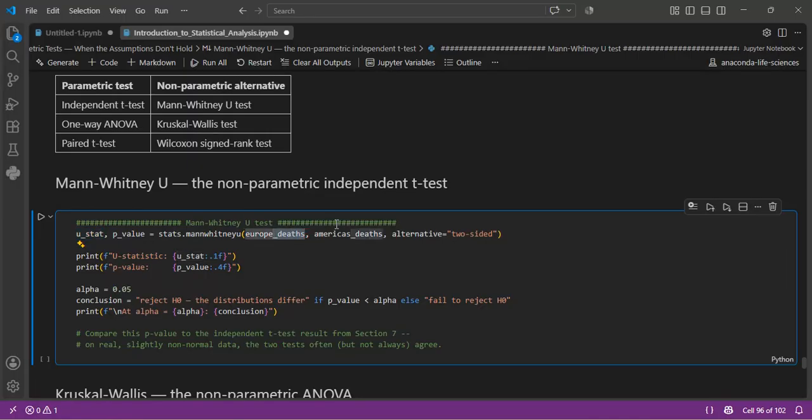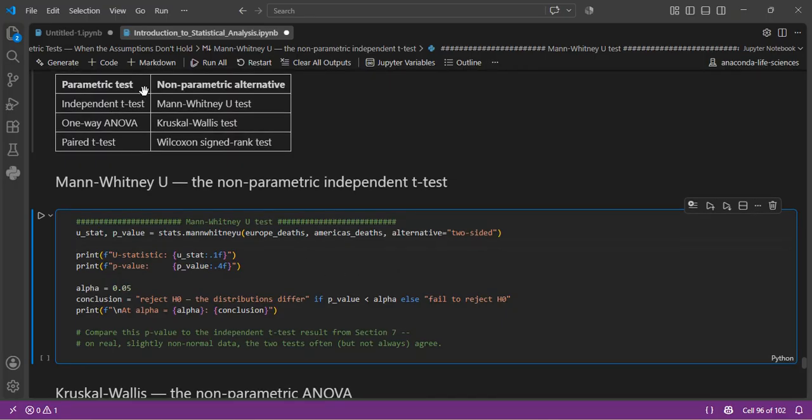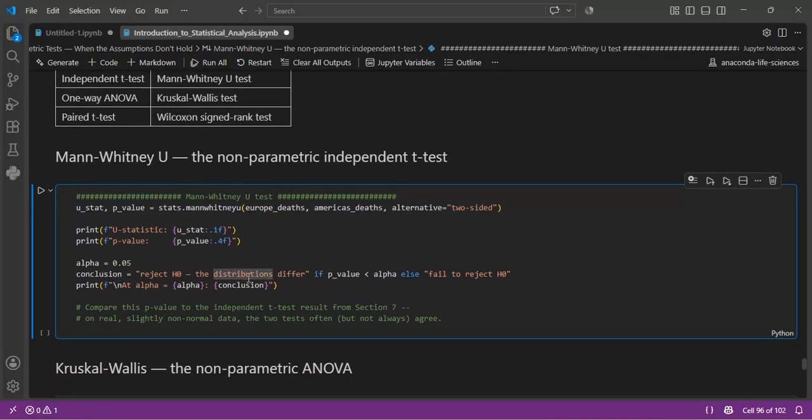Once we do that, we have the same conditions that we checked for, with the same explanation as I've given. And the Kruskal-Wallis test is an alternative to ANOVA when the data is not normally distributed. The same thing.